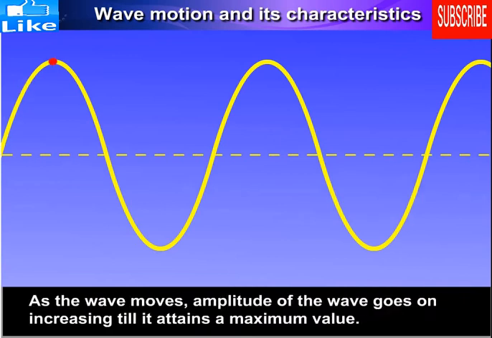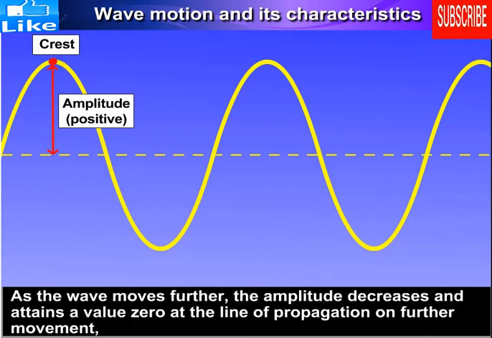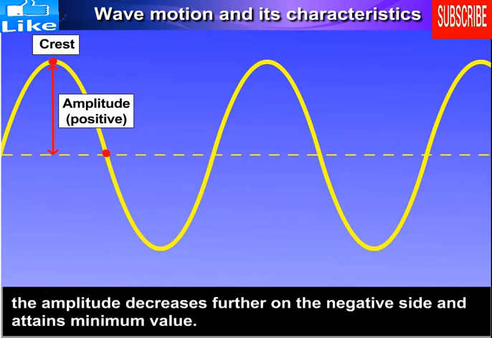As the wave moves, the amplitude of the wave goes on increasing till it attains a maximum value. This point of maximum amplitude is called the crest. As the wave moves further, the amplitude decreases and attains a value of 0 at the line of propagation. On further movement, the amplitude decreases further on the negative side and attains a minimum value.